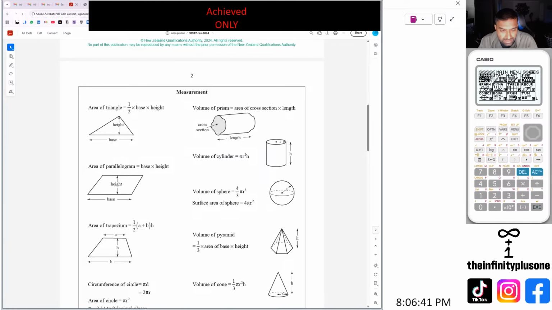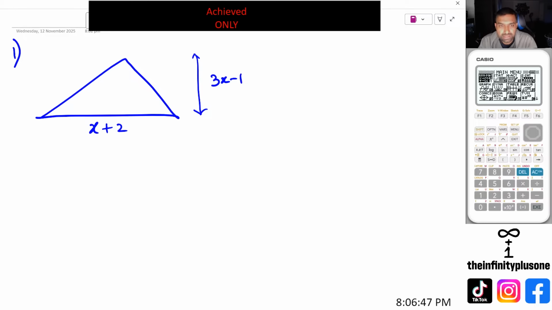So here is something they might give you, where they say find the area in terms of x, or find an expression for the area in this case.